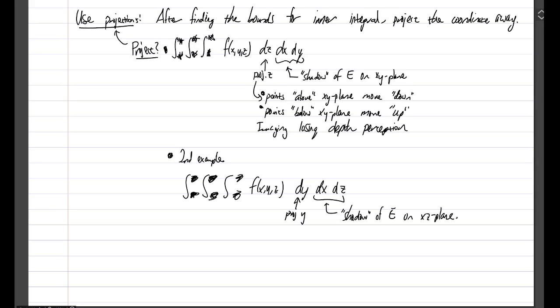So what does this really mean? What's this shadow about, or what's this losing depth perception thing about? To say this a different way, position yourself. Imagine moving yourself so that the y-axis is pointing straight at you, and then lose depth perception.